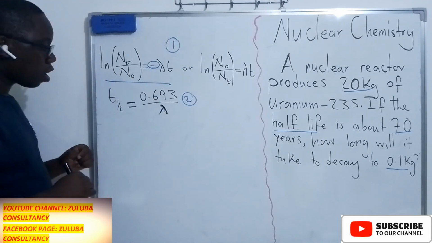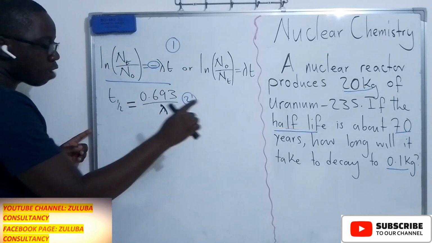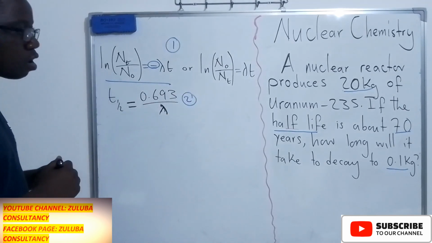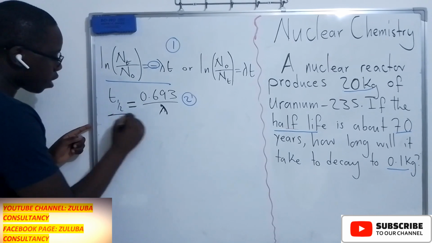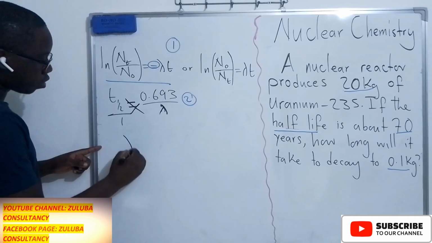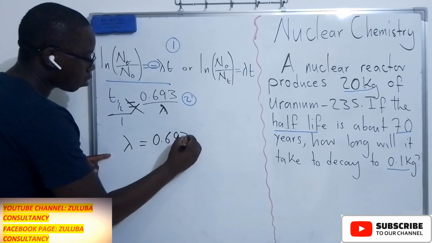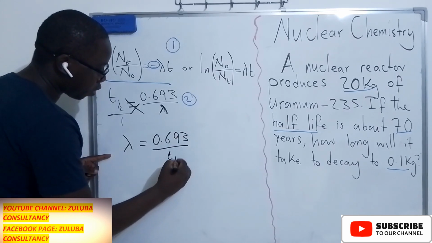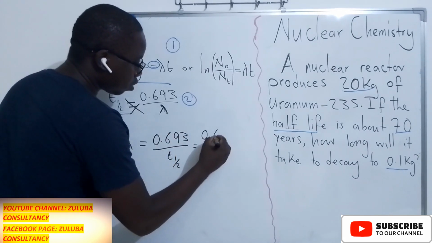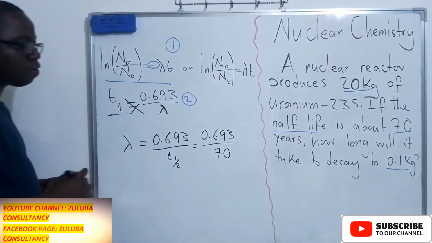Because we have been given the half-life, we can use the half-life and the second equation for us to find the rate constant. So we can divide this side by 1, then we cross multiply. So the rate constant is equal to 0.693 divided by half-life. So we have 0.693 divided by the half-life, which is 70 years.